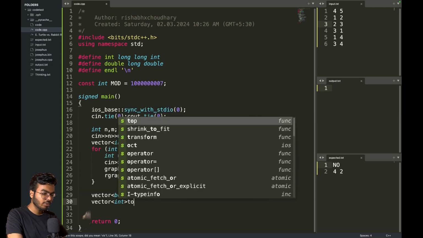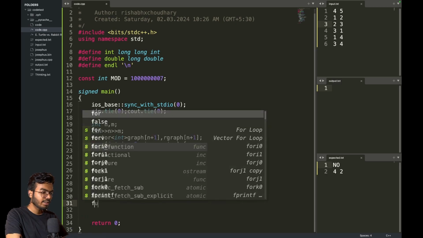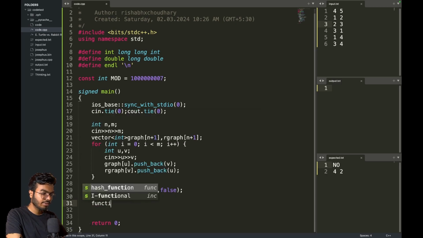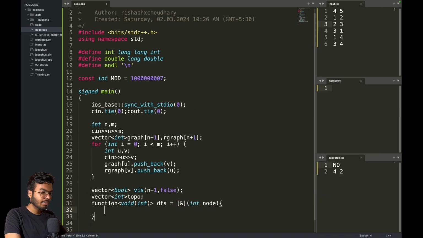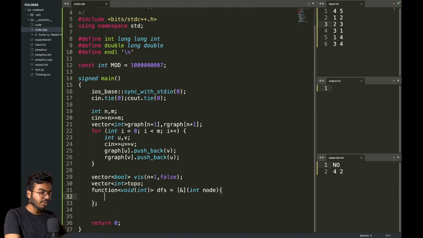So let's say topo. Let's make a void function. If you don't understand how to find a topological sort, you need to check the previous part of the playlist first and then come back here. Okay, so let's say we are here.